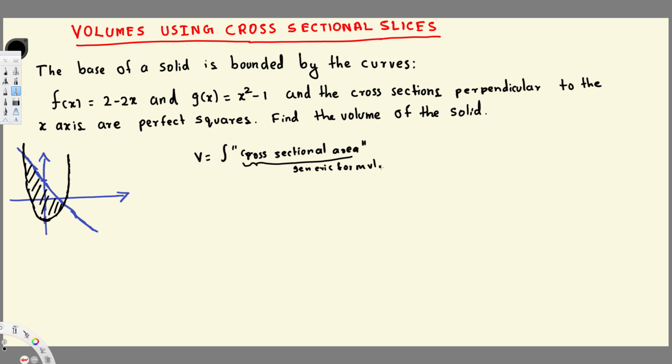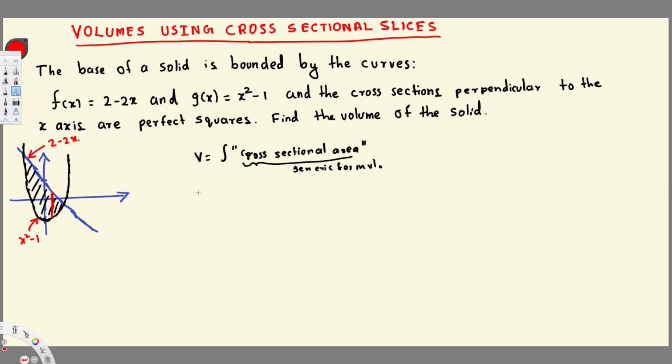What we have to do is take a length. For example, if this is our length right here, the length is going to be the top graph, which is 2 minus 2x, minus the bottom graph, which is x squared minus 1. If we calculate this distance and square it, that's going to be the cross-sectional area.